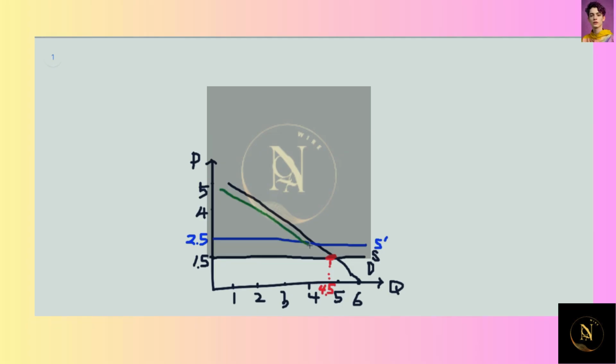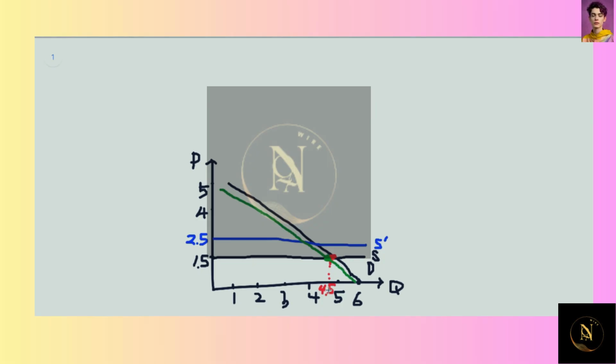It's because Cindy herself drinks less of this drink. So the demand curve will shift left, but the original supply curve, which is the 1.5 horizontal line here, does not change. So the equilibrium quantity is going to decrease a little, less than 4.5, but the price does not change.